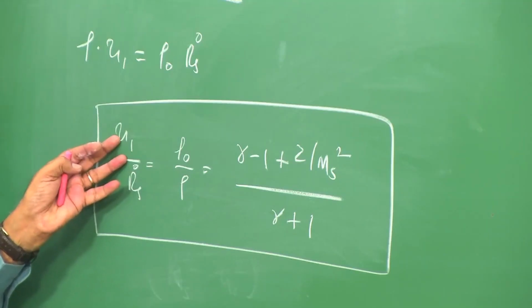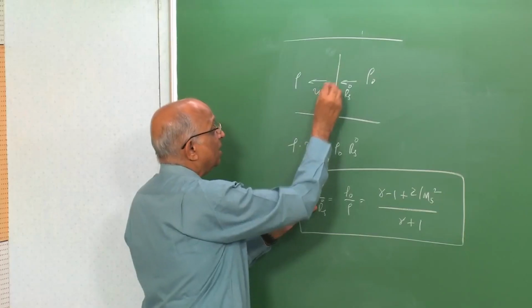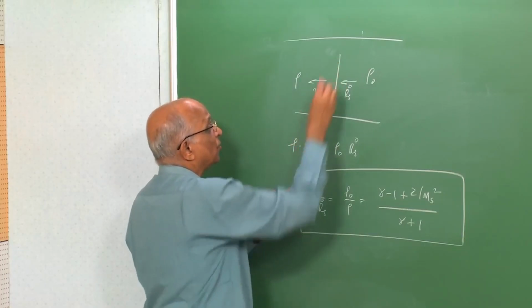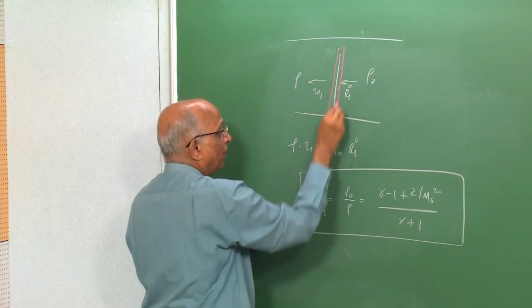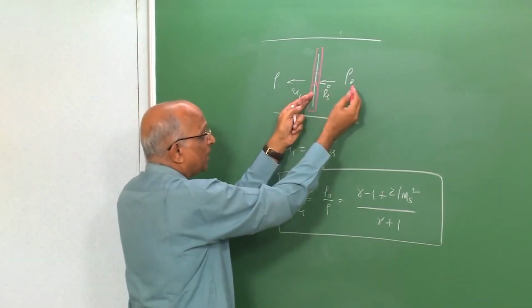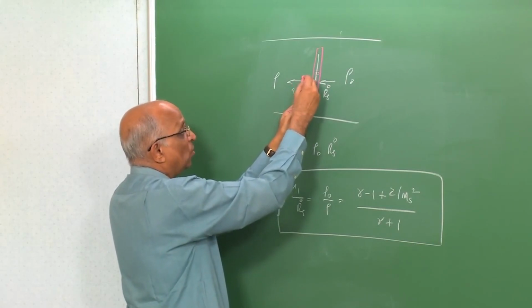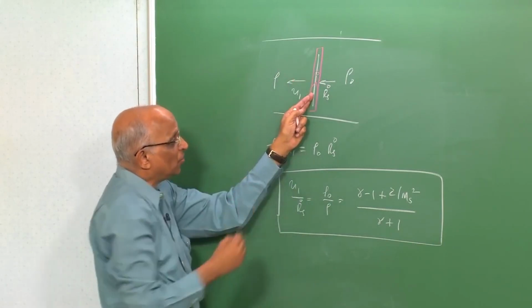But we must remember that u 1 is the velocity of the gases in the frame of reference of the shock being kept stationary. That means I sit on the shock, and when the shock is not moving but the gases are moving forward, I see the velocity of the gases to be u 1 going away from the shock.